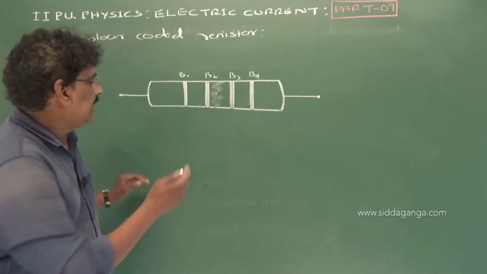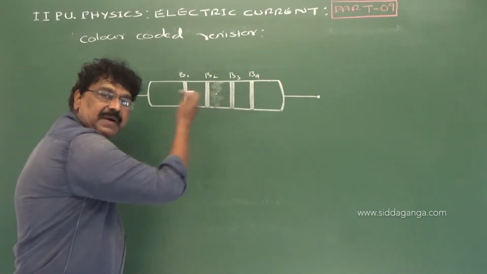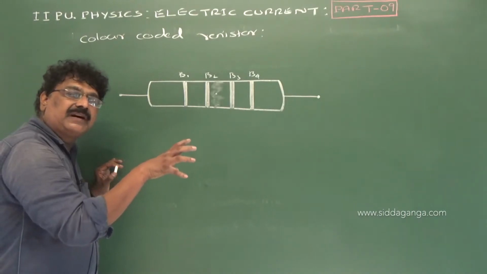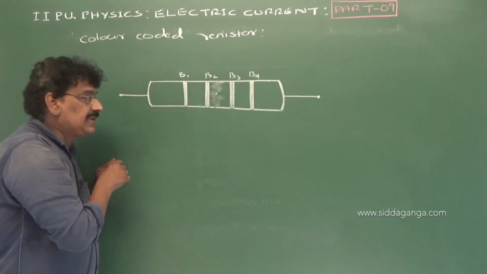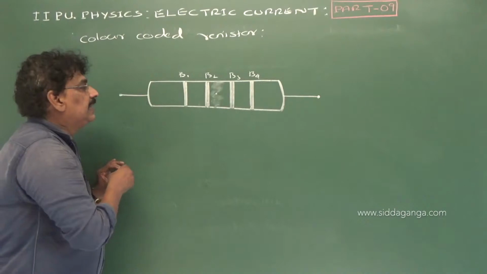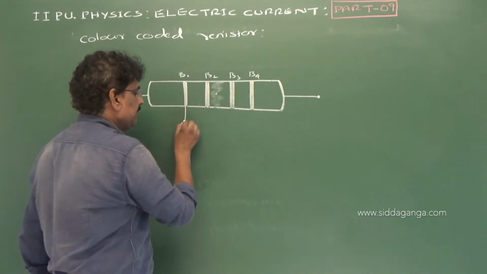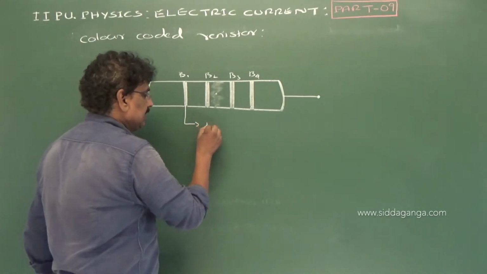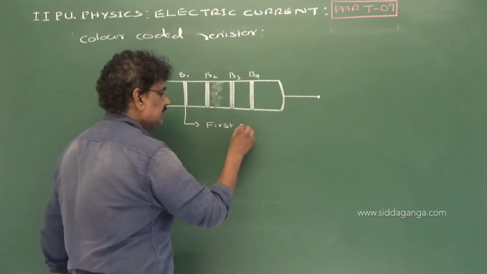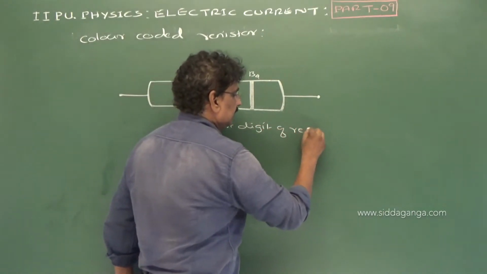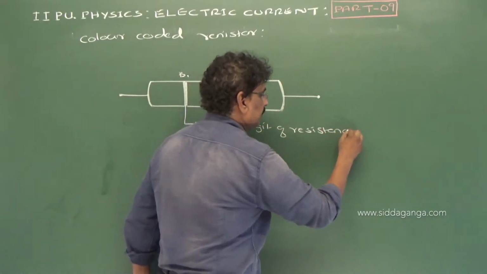Now these colored bands represent the particular value of the resistance. Generally the first band B1 represents the first digit of the resistance value.